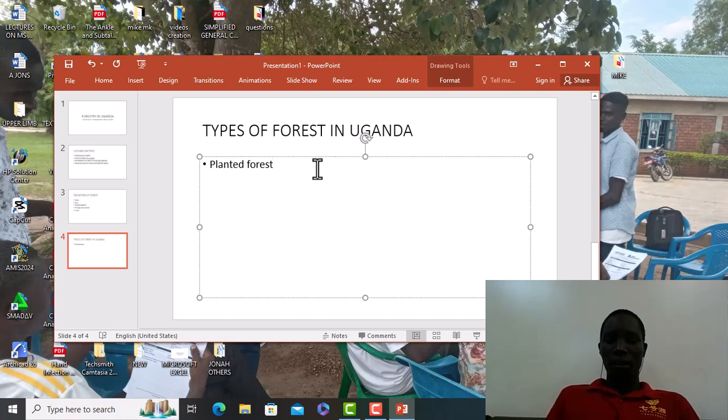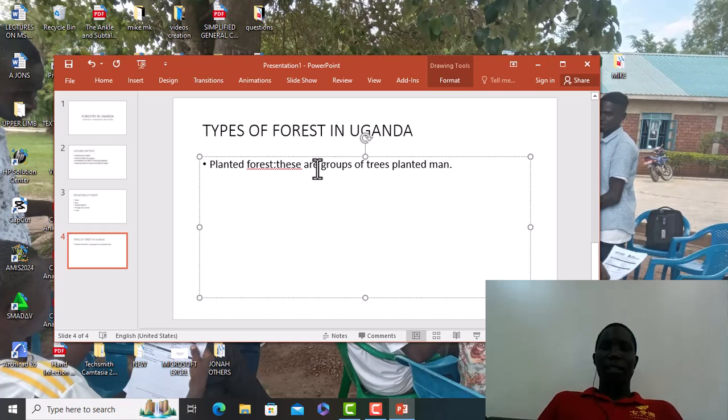Whereby these are a group of trees planted by man, such as if you see from northern Uganda, here we have a better forest and others.